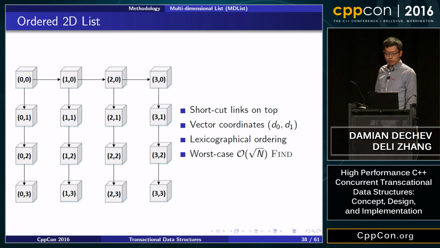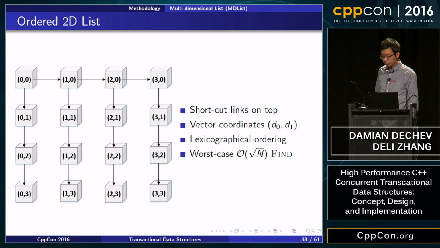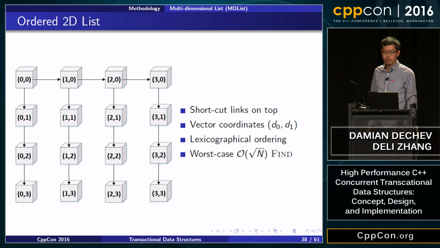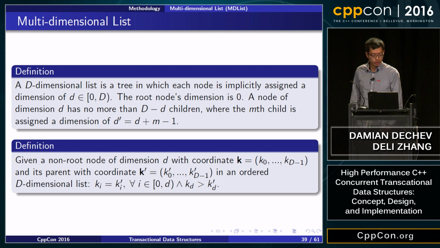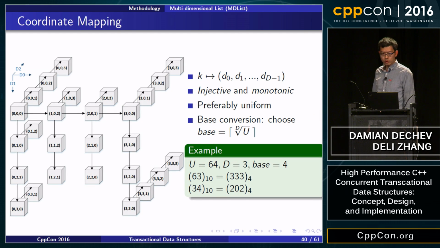In this case, the worst case search time becomes the square root of n. If we further generalize this into higher dimensions, we can further reduce the search time. Here is the definition of the multidimensional linked list for your reference afterwards. I'm going to skip to the example of a 3D list, which will make things easier.